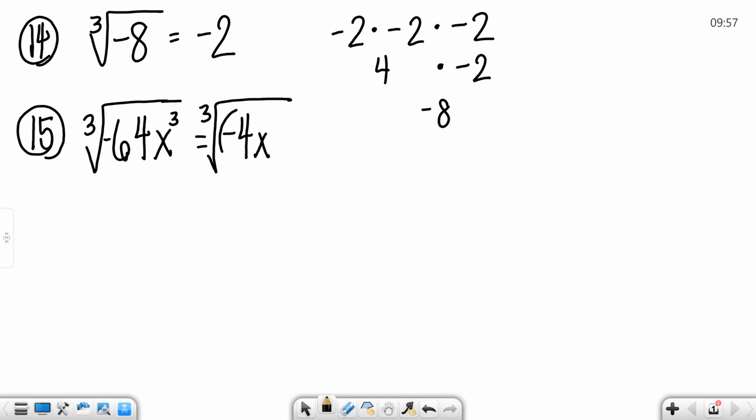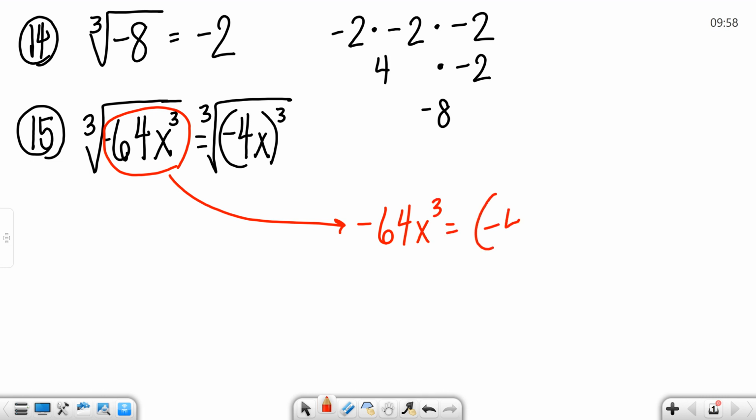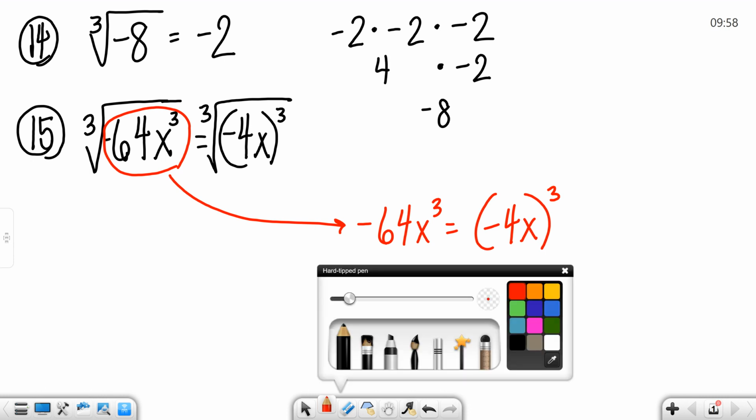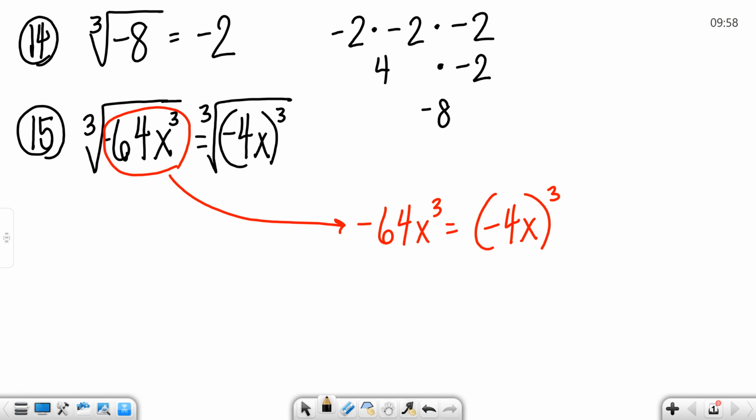Another way to do this would be, let me just rewrite -64x cubed. -64x cubed is (-4x) cubed, because -4 times -4 times -4 is -64. And so when I do the cube root of (-4x) cubed, I get -4x. It is okay to get a negative answer on a cube root.